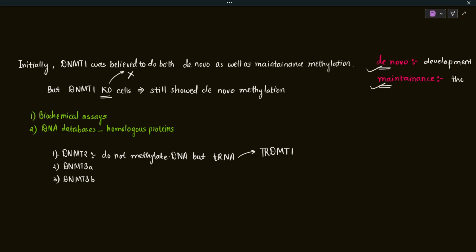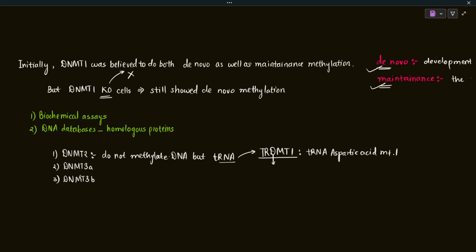Okay, so just don't get confused, because it is written DNMT, but it is an RNA methyltransferase. It is known as TRDMT1, meaning tRNA aspartic acid, where D stands for aspartic acid, methyltransferase 1. So DNMT2 or TRDMT1 methylates tRNA.